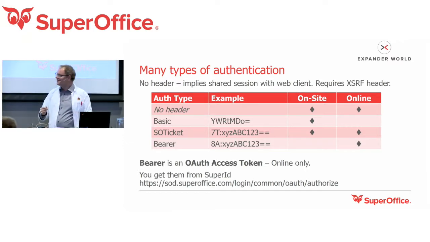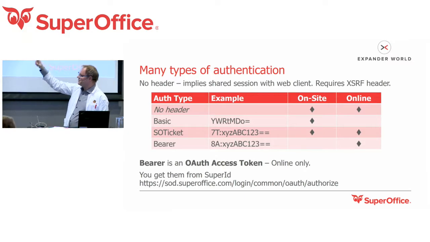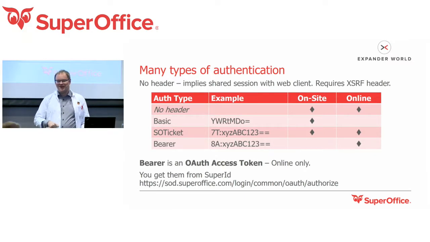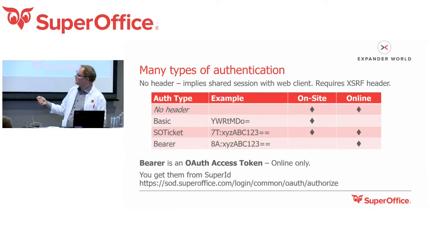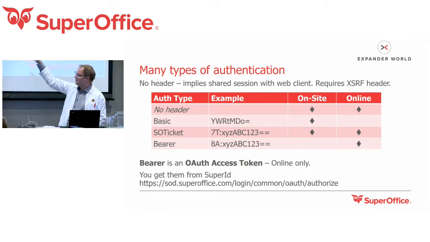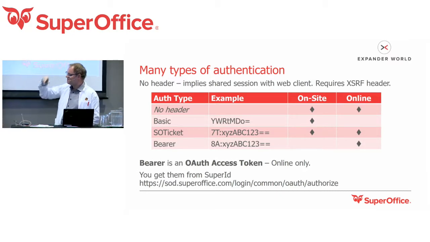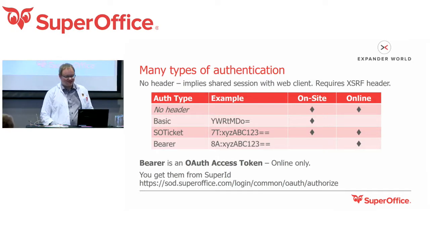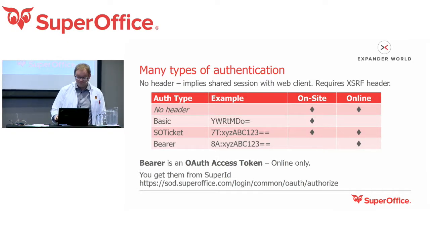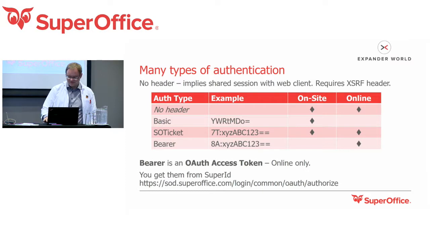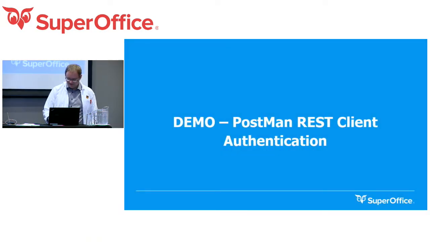We'll go through that. And there's also SO ticket. So if you already have a ticket from somewhere, you can provide that as an authorization header, and it will be accepted. So we'll take a look at that. So let's see. So it says here.